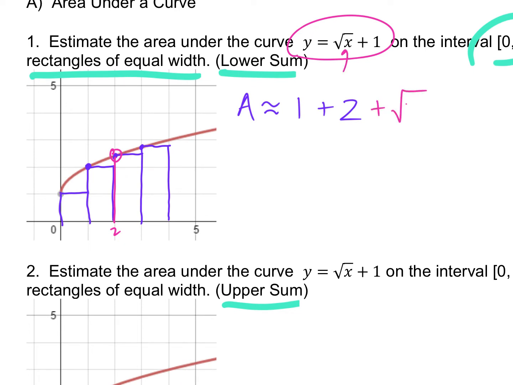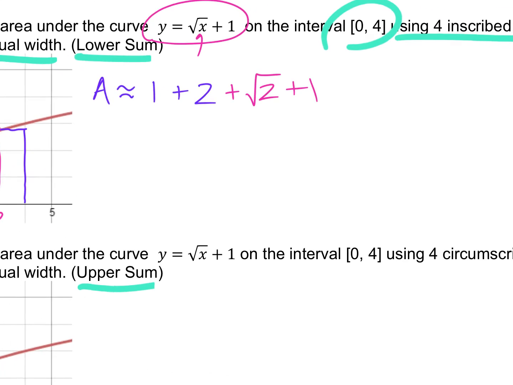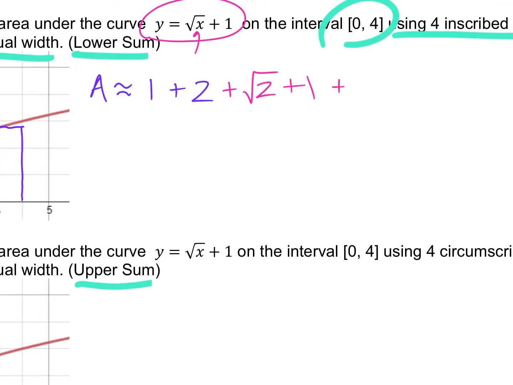Root 2 plus 1. And all of these rectangles have a side length of 1 at the bottom, so that's just times 1, right? So then to do our last one, this one, we have what? We plug in 3. So our last area would be what? Root 3 plus 1.